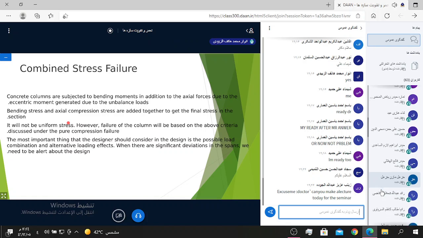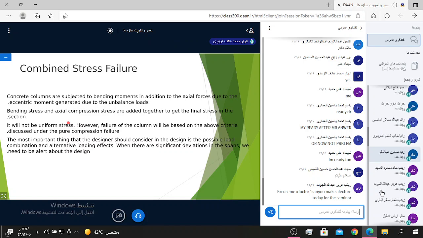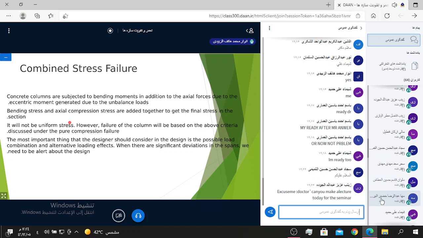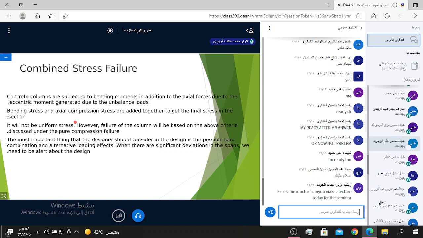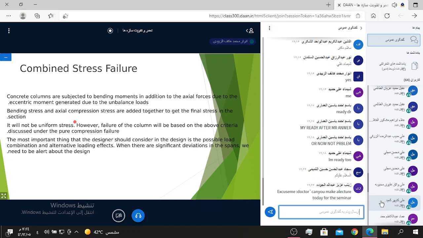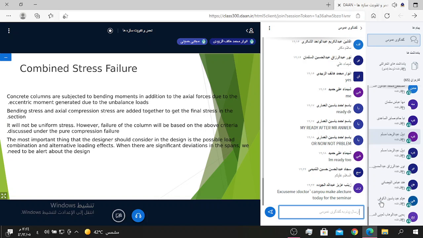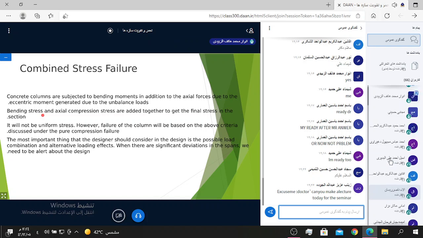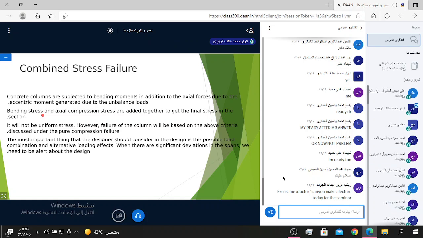Bending stress and axial compression stress are added together to get the final stress in the column. However, failure of the column will be based on the above, greater than under pure compression failure.